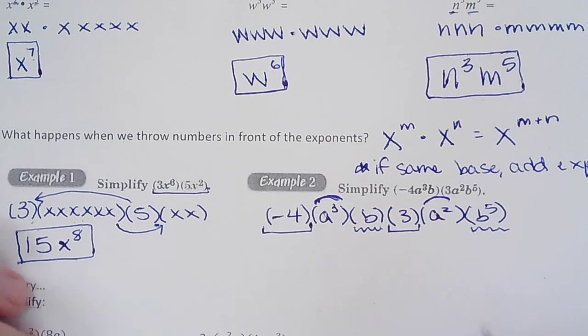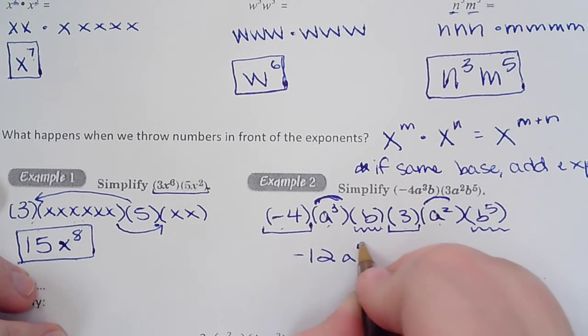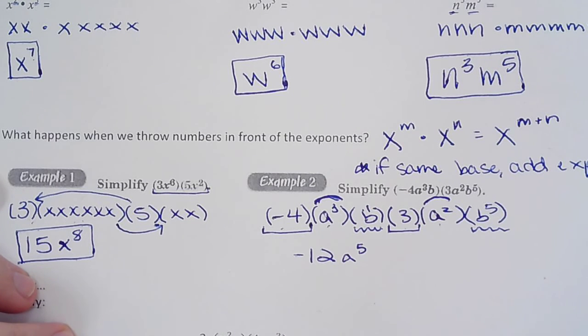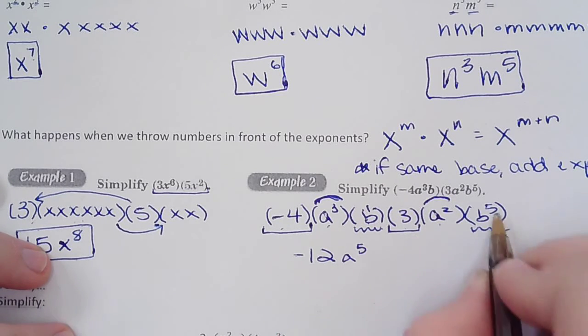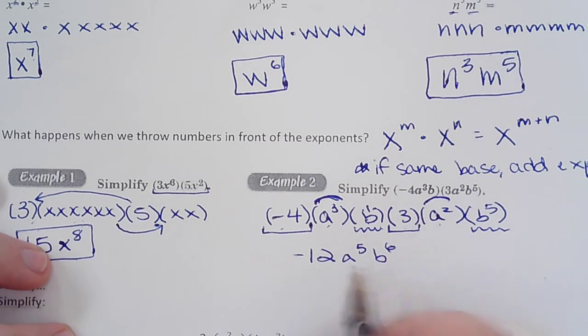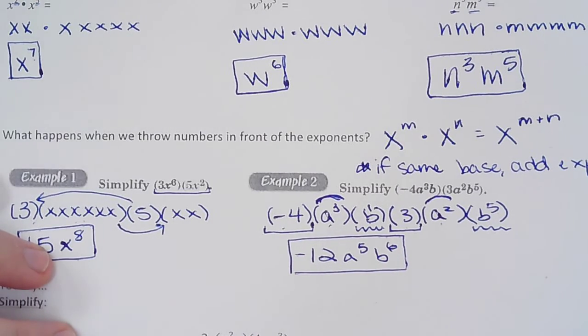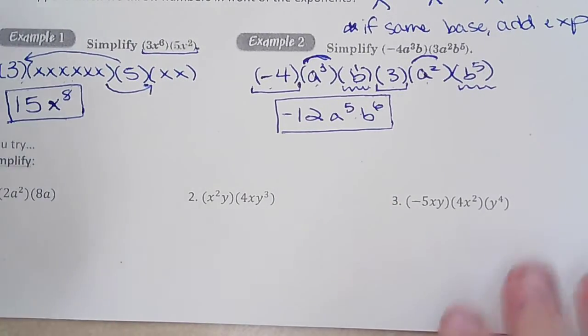So what does that look like when we simplify? Well, negative 4 times 3 is negative 12. a to the 3 times a squared, we add their exponents, so we get a to the 5. And then b doesn't have an exponent, but it's technically an imaginary 1 because there's one b. So b to the 1 and b to the 5 becomes b to the 6. And that's our final answer. Because we cannot simplify or reduce or combine anything, this is our final answer.